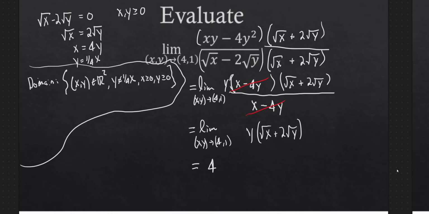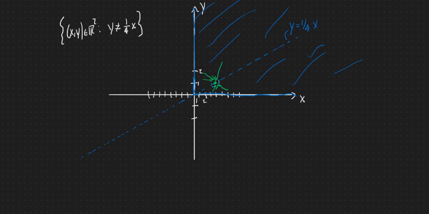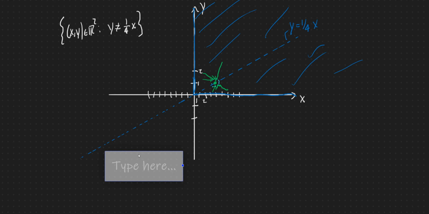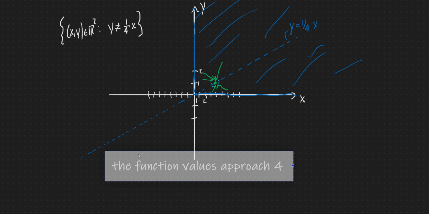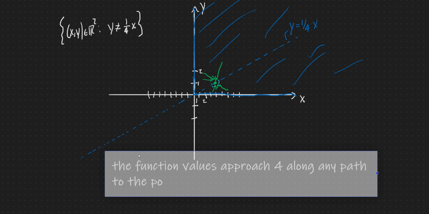All right, so what does this mean? This means that along any path, the function values approach 4 along any path to the point (4, 1), except for the line y equals x over 4, I'll write it as, because that one's outside of the domain.